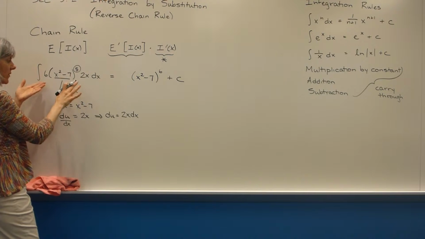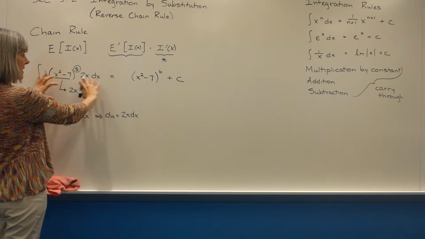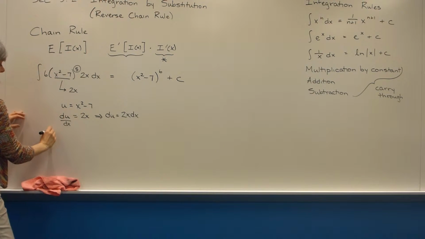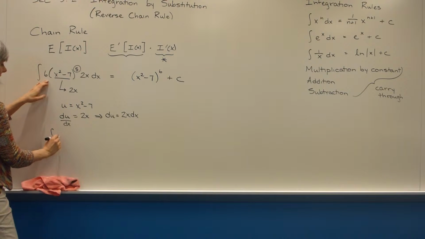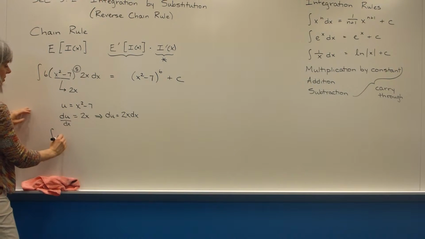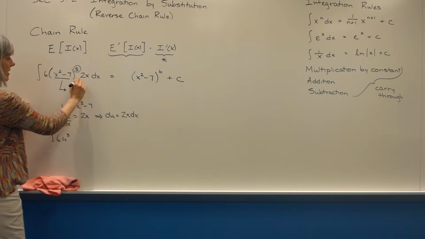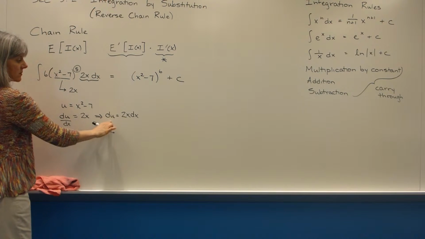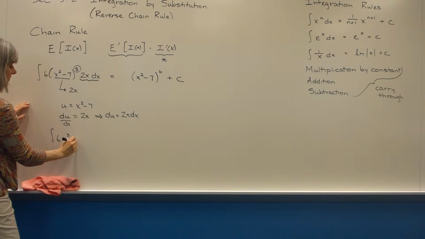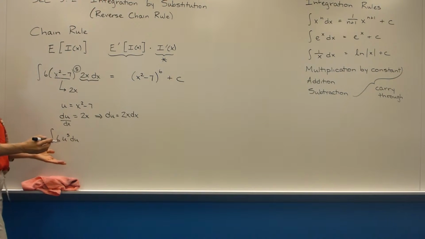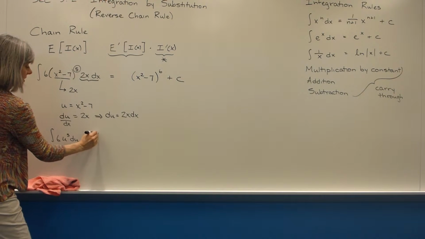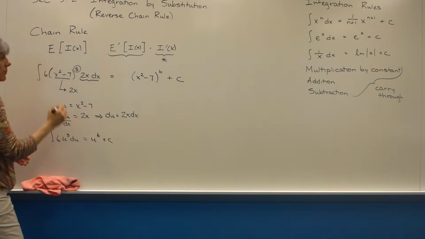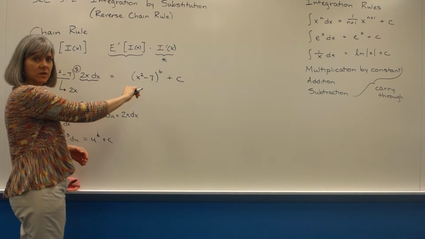So coming back up here, if I were to take this information and replace what I have here, I'd have the integral sign, 6, this whole inside is u to the 5th, and then this whole piece is my du. Oh, well that's easy. This one is just u to the 6th plus c, but now go back in and stick in your original function.